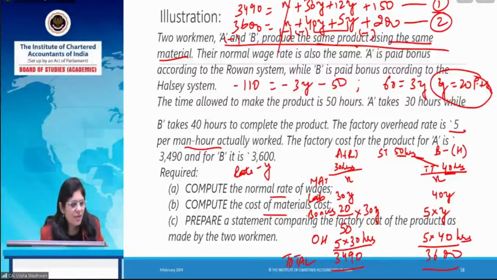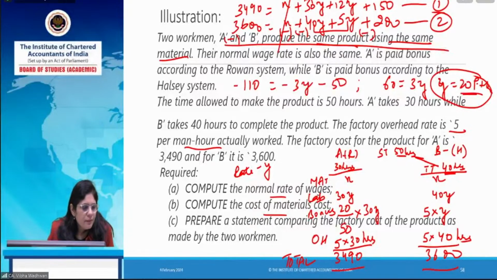How much is the wage rate per hour? As per my calculation, it's 20 per hour, as per the equation I have solved. Okay, yes. So it should be 20 per hour. So the wage rate is 20 per hour.